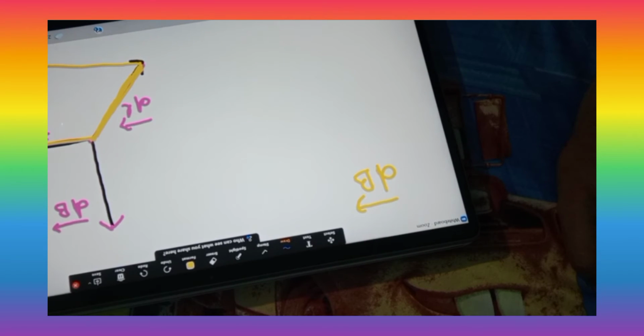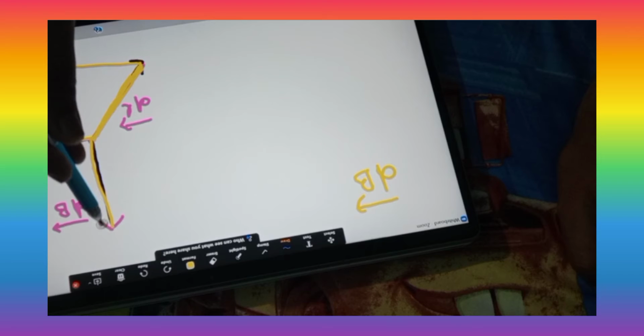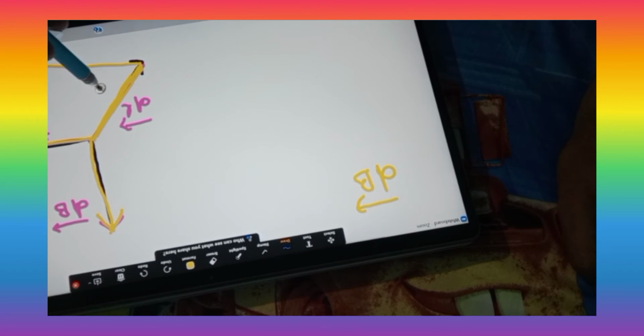And already you know about the right hand screw rule: if you place a right hand screw at a point P, perpendicular to the plane containing the current element dl and the position vector r, the magnetic field is always perpendicular to that plane. This is in accordance with the right hand screw rule.